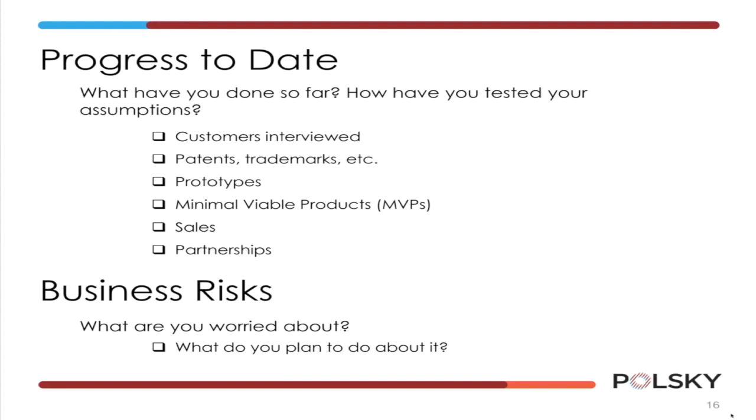If there are critical business risks that are specific to your business, not the general business risks of, you know, our customers may or may not need this as much as we think, or it may be harder to develop our product than we think, not just the regular business risks, but things that are very specific to your business, it's a good idea to raise those in the feasibility summary, in the business plan, to say our business is highly dependent on a supply of a particular input.